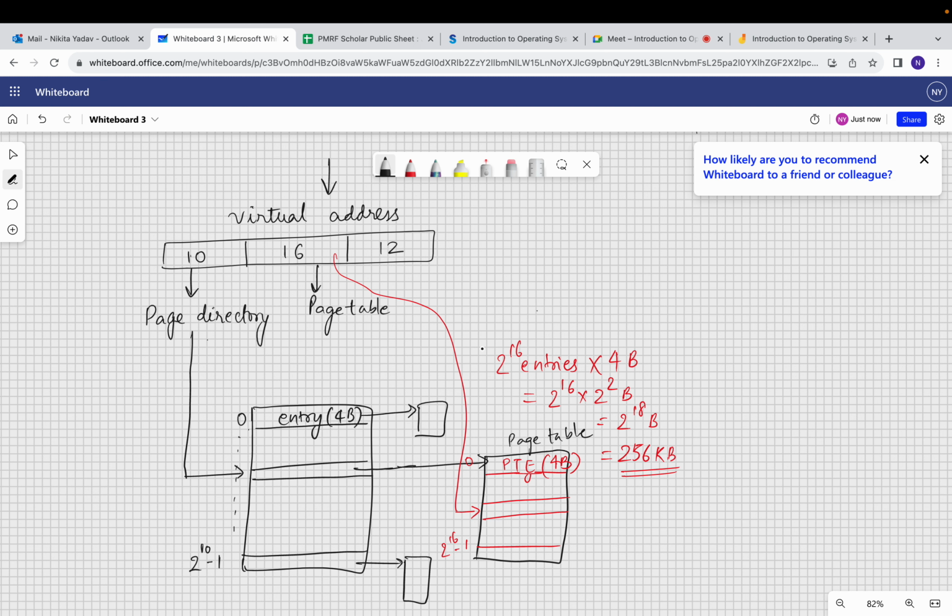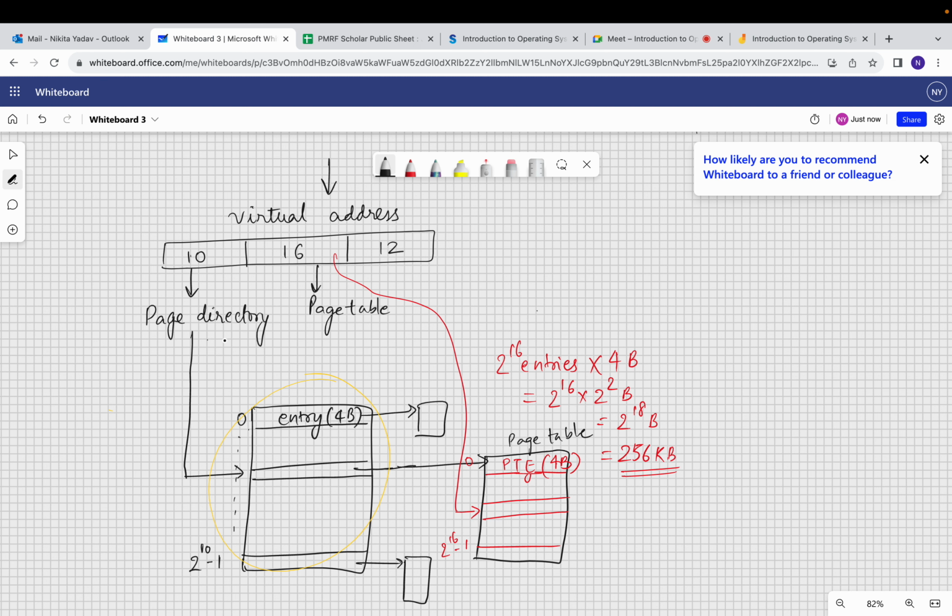I did not understand when you started including the directory part. So here I just explained this part, and it was actually not necessary. I explained the complete translation just for understanding purposes.